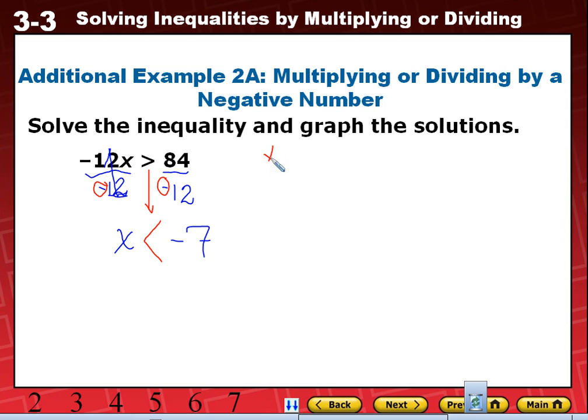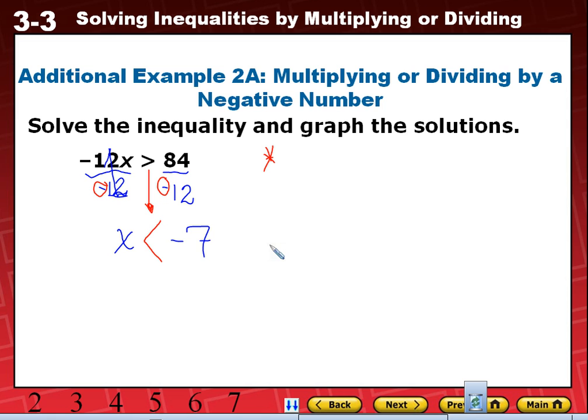Put a note next to this problem and write, when multiplying or dividing by a negative number, you flip the inequality symbol.